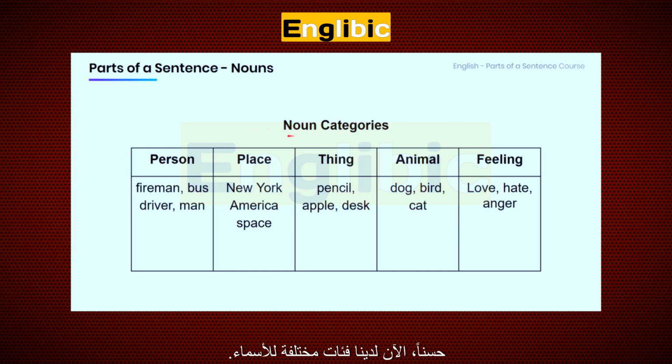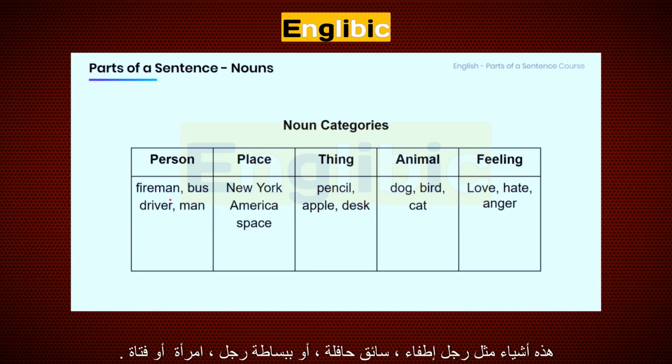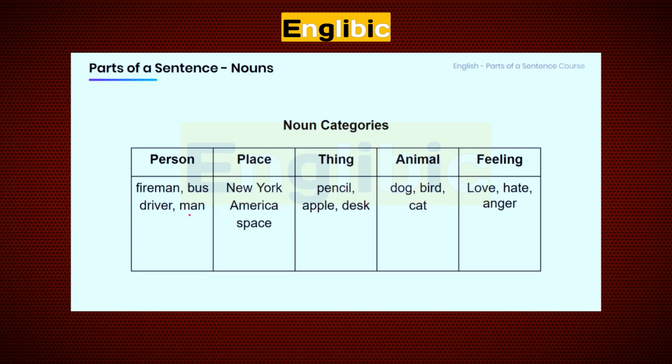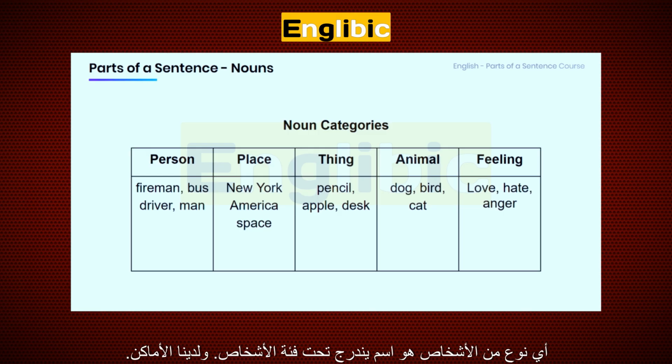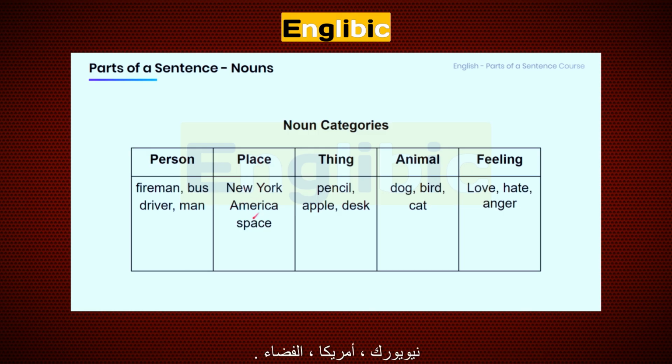All right, so now you have different noun categories. You have the category for person nouns. These are things like fireman, bus driver, just man, woman, boy, girl, okay? Any type of person is a noun under the person category. You have places. These are actual places. New York, America, okay? Space, outer space.